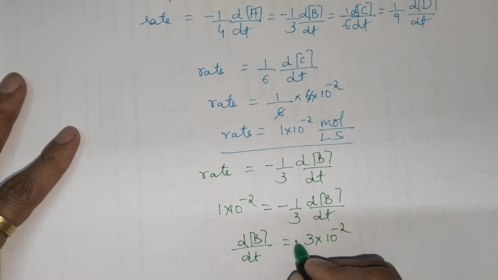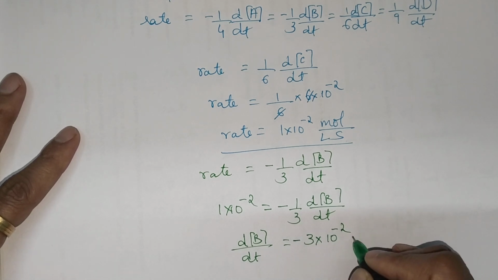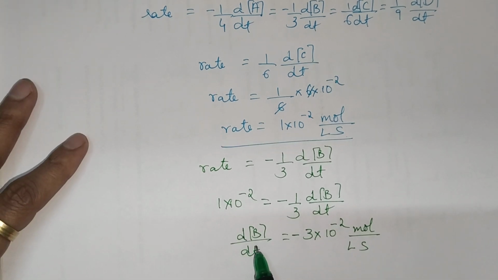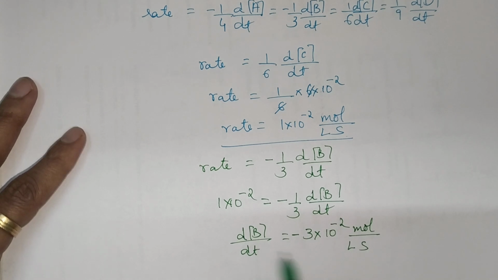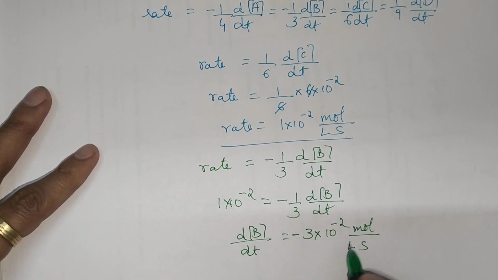Since it is disappearance, we include the minus sign, and the unit is mole per liter second.